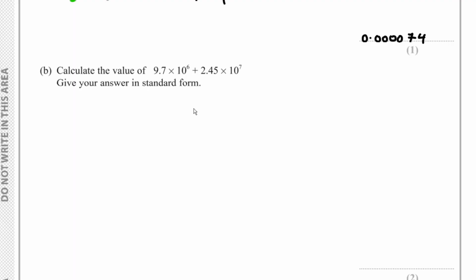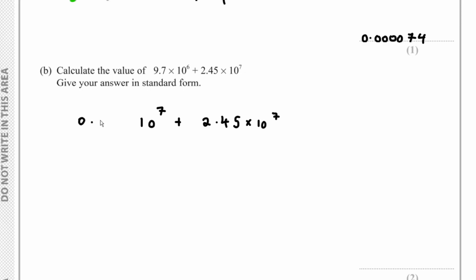There's various different ways you can do this. I've got this 2.45 times 10 to the 7. And what I want to do with this 9.7 times 10 to the 6, I want to write it like this. Something times 10 to the 7. Now if I multiply this by 10, I need to divide this by 10.